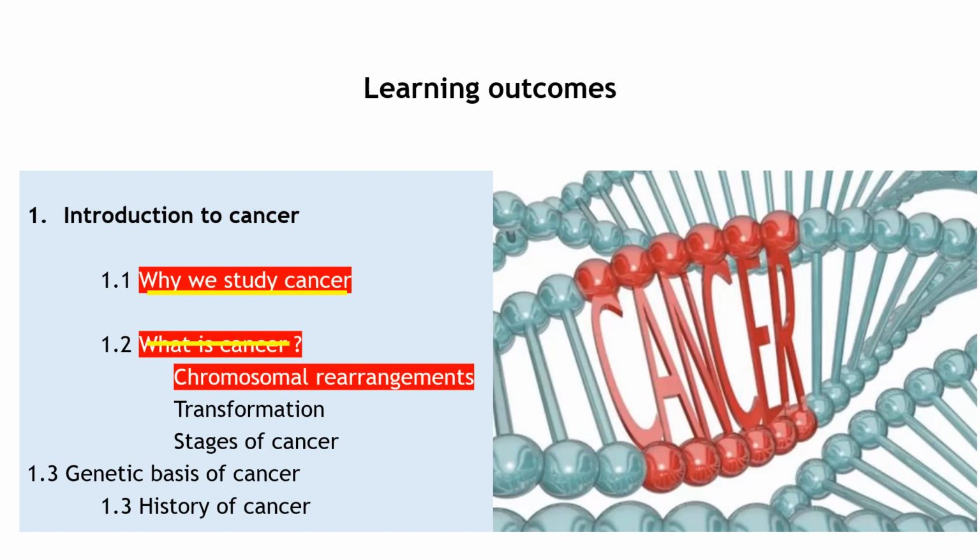Yeah, so we already know why we study cancer, then what is cancer. From that we see that there are changes in the cell numbers, in the cell nucleus, in the controlling of the cell cycle, and that there are different approaches to study it.